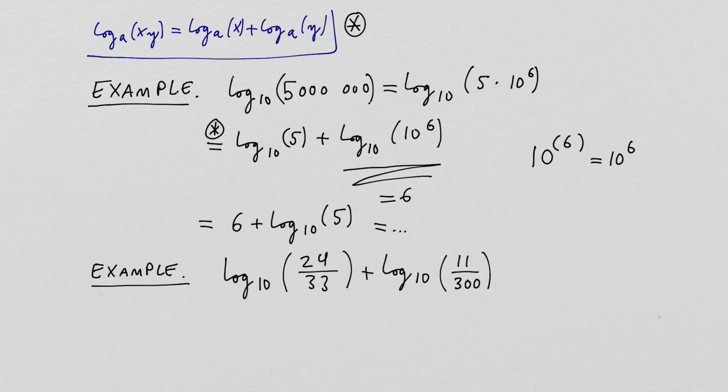Let's simplify this expression. We have the sum of logarithms, that's the logarithm of the product of the numbers. It seems here that we can cancel out with 11, and we can also cancel out by 3.